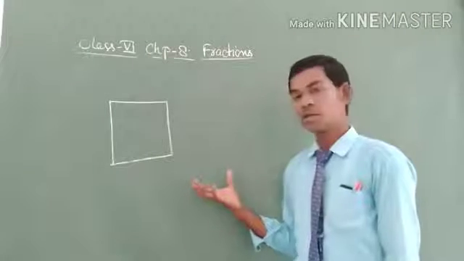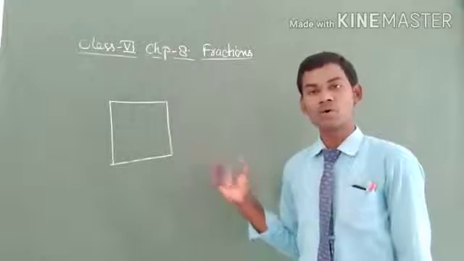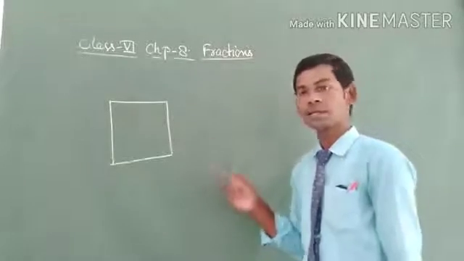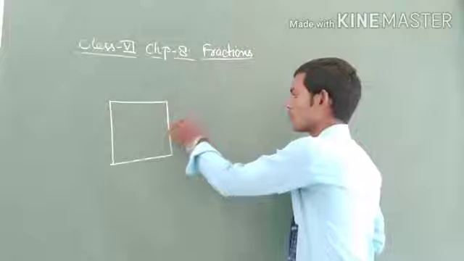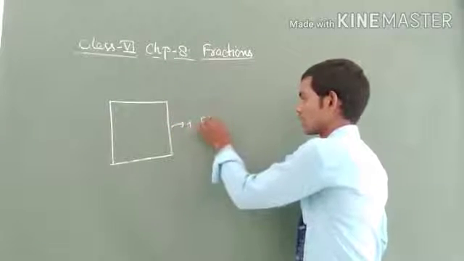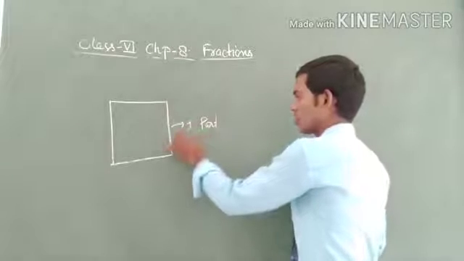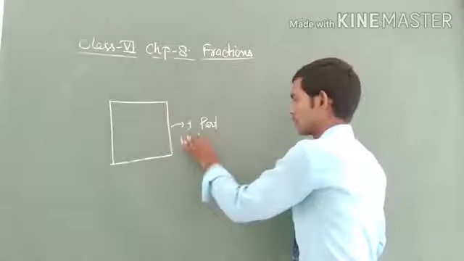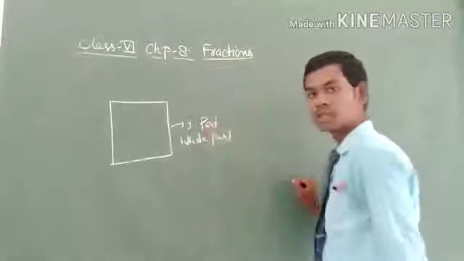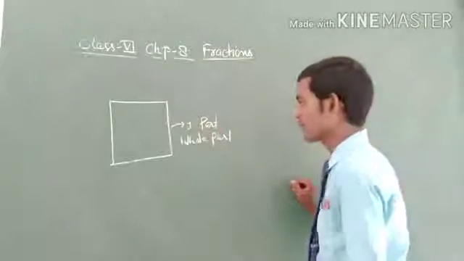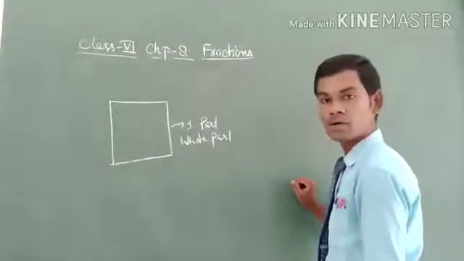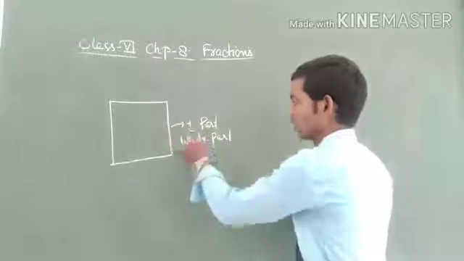This figure is complete, which means it is whole, and if it is whole, then it has only one part, the complete part, and therefore this is called the whole part. If we write it, we can say that this is one part out of one, that is, 1.